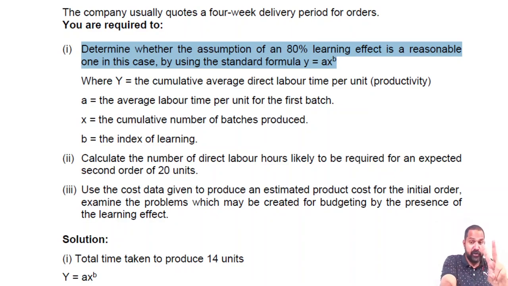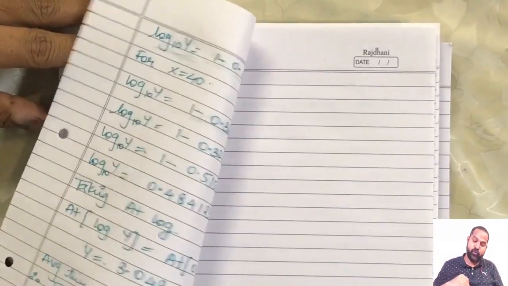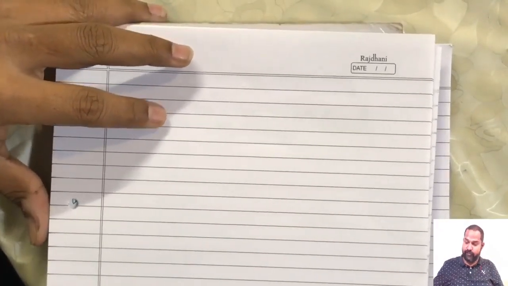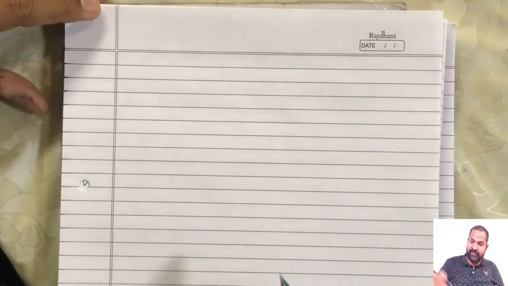There are two methods of doing this. Your institute has followed one. I'm going to show you both. You can stick to whatever you are more comfortable with. Let's begin. What data do I have?